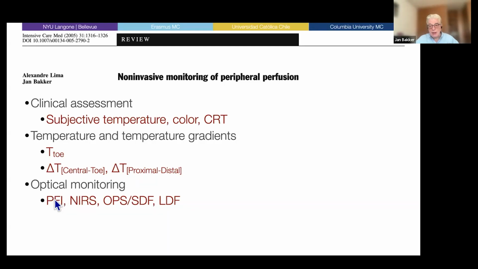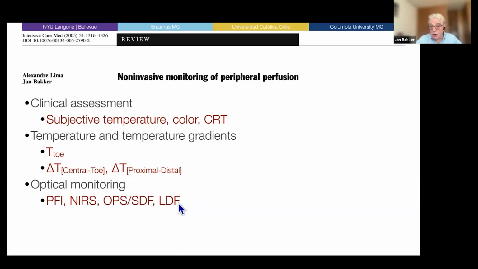The peripheral perfusion index, which is derived from the pulse oximetry signal, you can use a near-infrared device. You can use a microcirculation scan under the tongue, the very old one, OPS, or the SDF, or the microscan, or the very latest one, the Oxygenation.